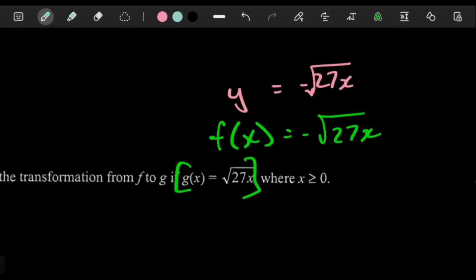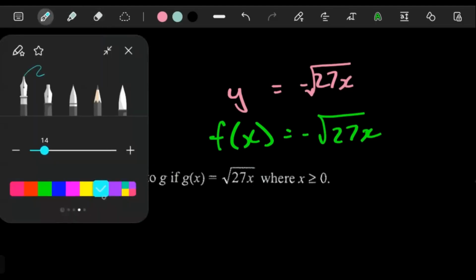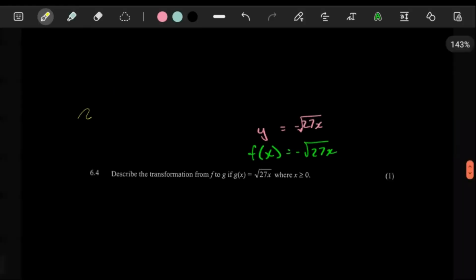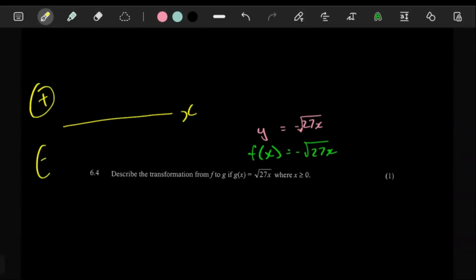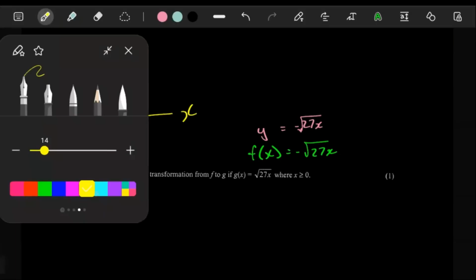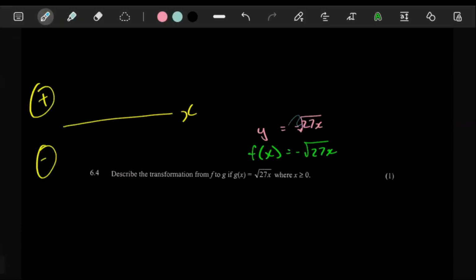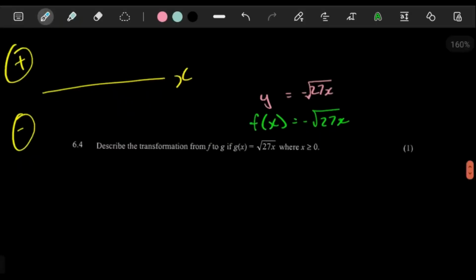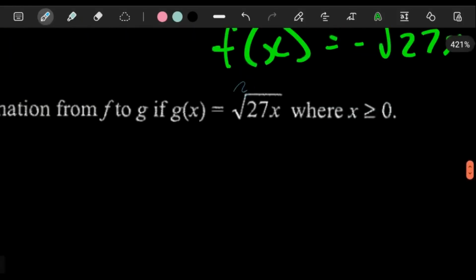So the thing is, with all that being said, if you have gone from a negative to a positive, it means it's a reflection about the x-axis. Because if this is what your x-axis is, up here it's plus, down here it's minus. So a reflection about the x-axis is what changes things from positive to negative or negative to positive, like how it is here.